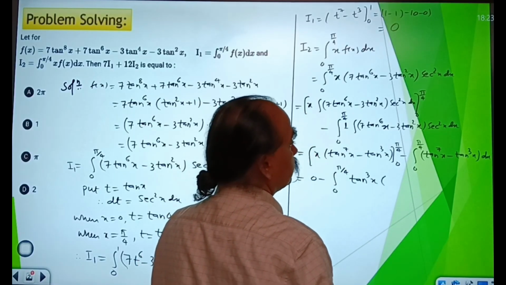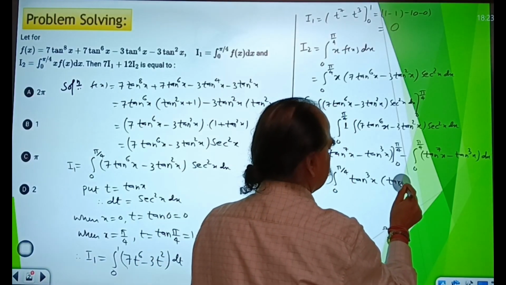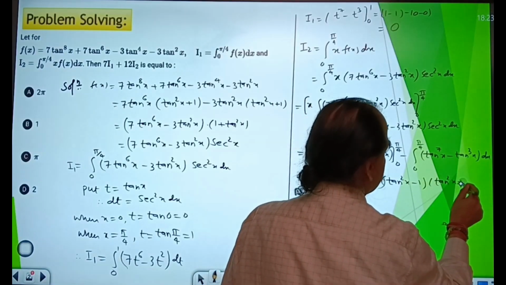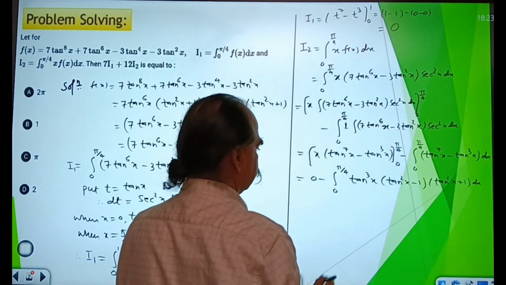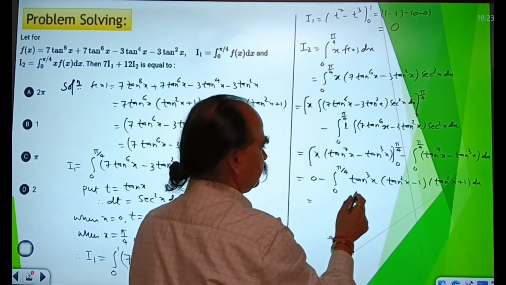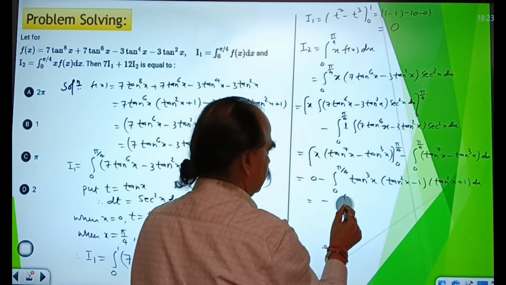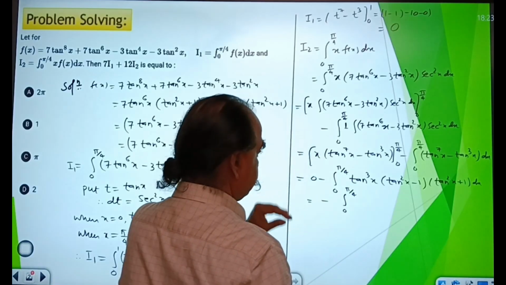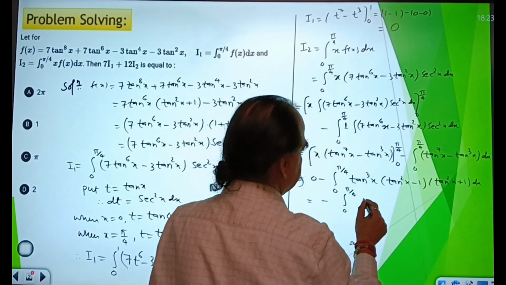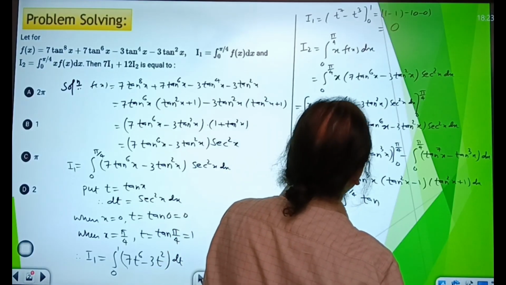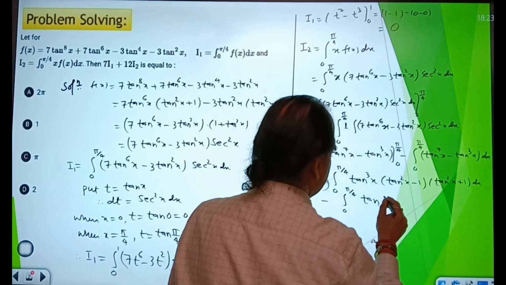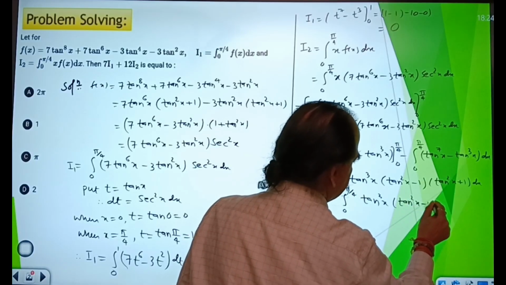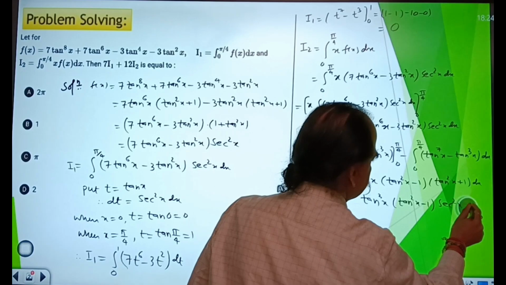So in the bracket you will get tan^4 x minus 1, that is (tan^2 x minus 1) into (tan^2 x plus 1) dx, which is equal to minus integral 0 to pi by 4 of tan^3 x into (tan^2 x minus 1) into sec^2 x dx.